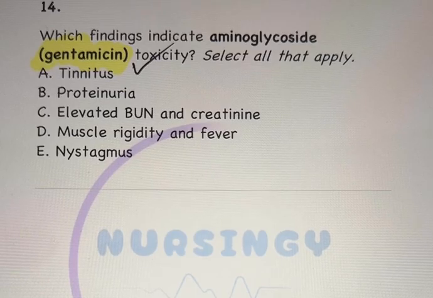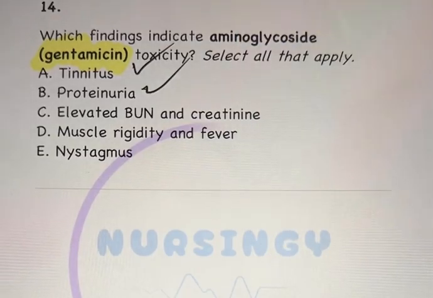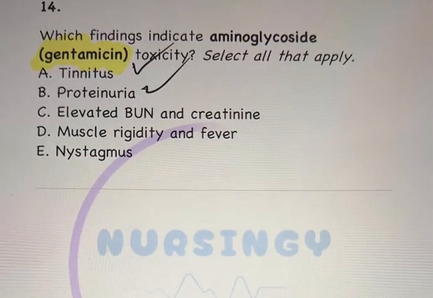Proteinuria, just for nephrotoxicity? Yes, definitely, because it is filtered by the glomerulus and it does reabsorb in the proximal tubule. So we have higher chances of proteinuria due to nephrotoxicity.